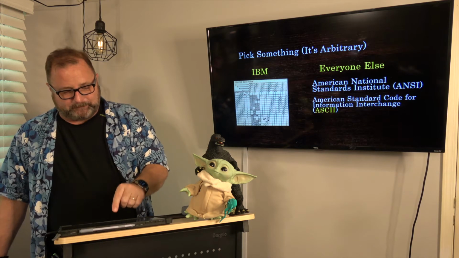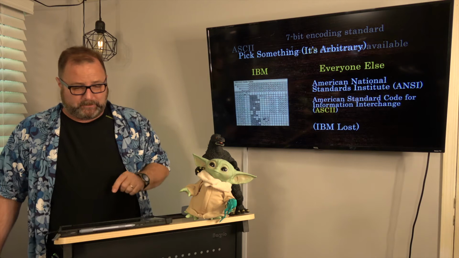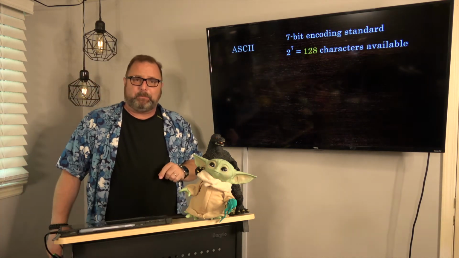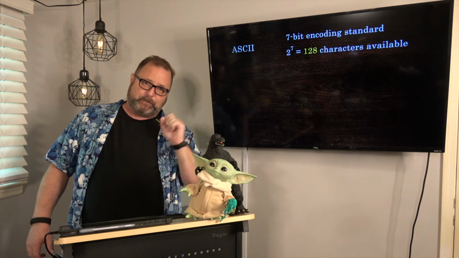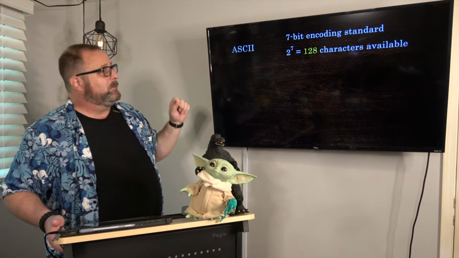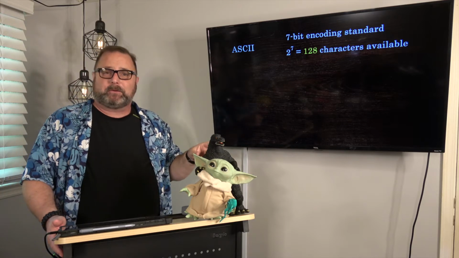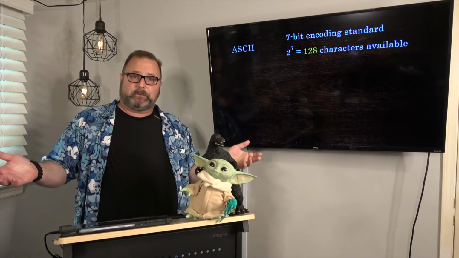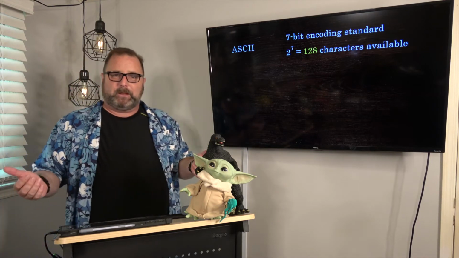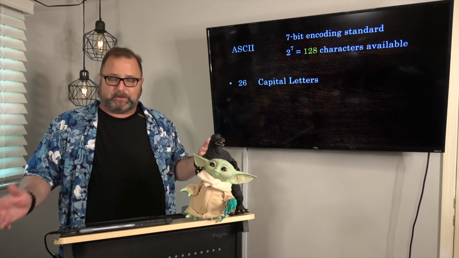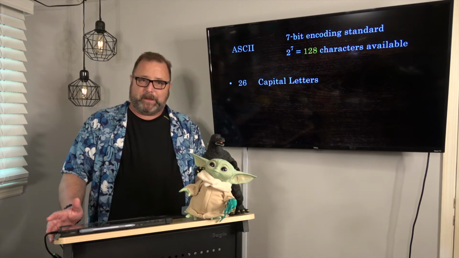ASCII, and of course, IBM lost this argument, was based on those 7 holes of punch tape. If we say 2 to the 7th, we have 128 characters that we can use. What they did was say, let's keep this simple and start with the letters. We've got 26 capital letters in the alphabet.